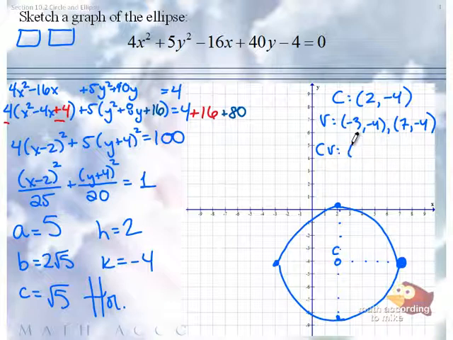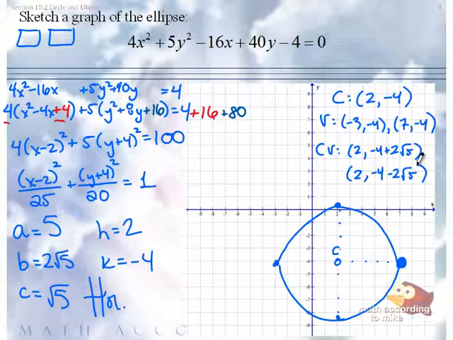So far, so good. Good. And what's the other one? There you go. Because you're going up 2 radical 5, then you're going down 2 radical 5.